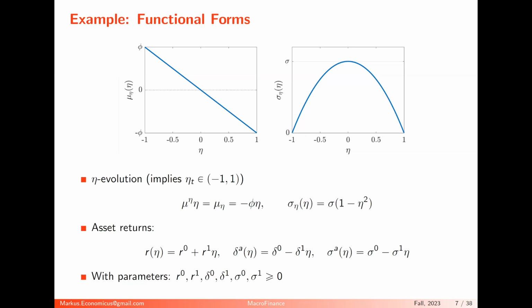But here we just take it as given. We don't solve an equilibrium, it's just given. And I should say that the sigma eta is always positive, but of course, in principle, could also become negative if the sigma 1 is very high. And here we assume all the parameters are strictly positive or weakly positive. Okay.